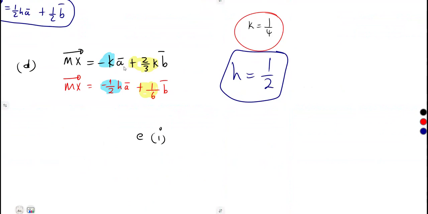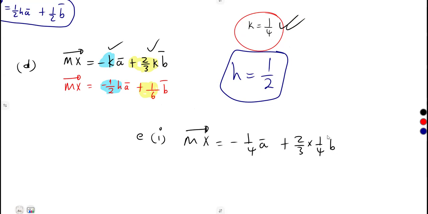So using the first one, mx is written in terms of k, so you substitute the value of k, 1 over 4. So it's minus k, that's minus, our k is what? 1 over 4, vector a, plus 2 over 3 times our k. Our k is what? 1 over 4. So that's 1 over 4 vector b.